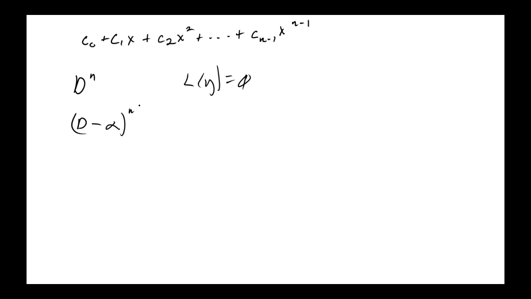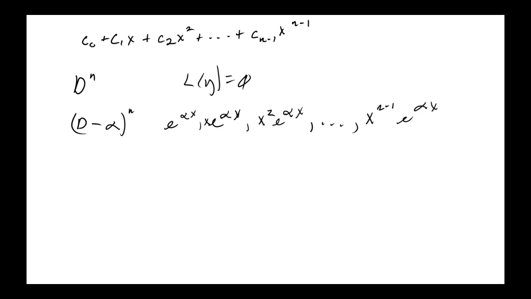Okay. That annihilates each of these functions. Okay. E to the alpha x, x e to the alpha x, x squared e to the alpha x, and all the way up to x to the n minus 1 e to the alpha x.